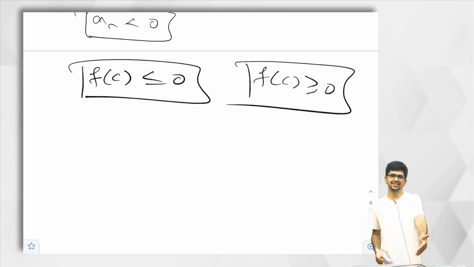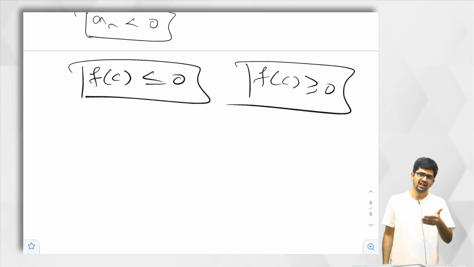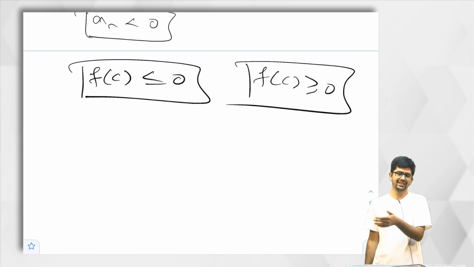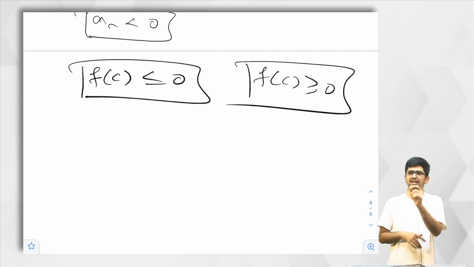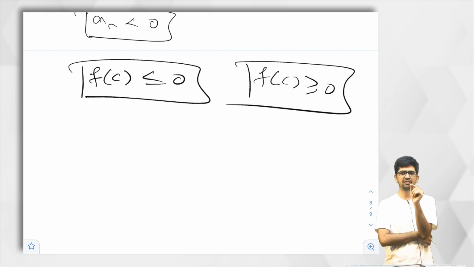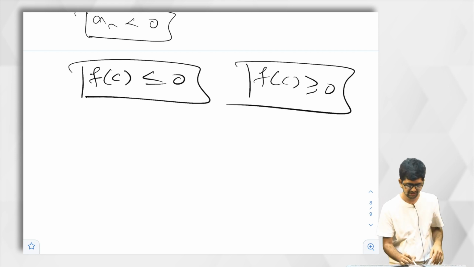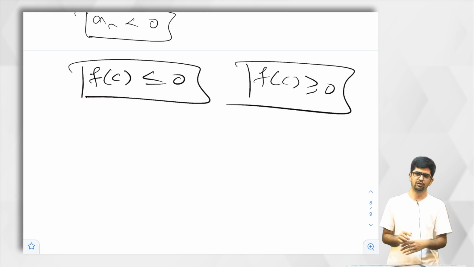Just now we have seen that if we have a sequence converging to c, we apply the continuity description of f, and then since x n is an element of E, f of x n is negative, so the corresponding limit, f of c, is less than or equal to 0.